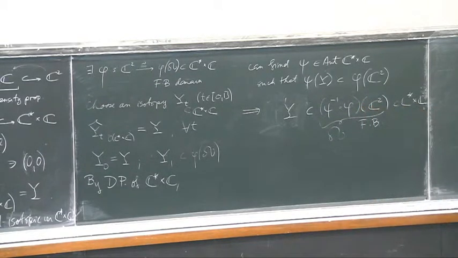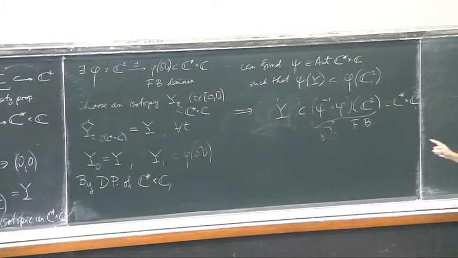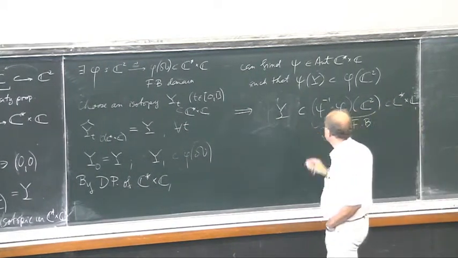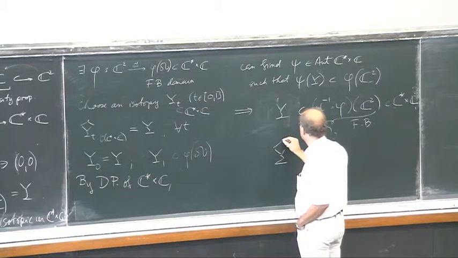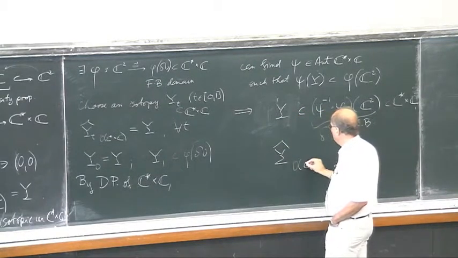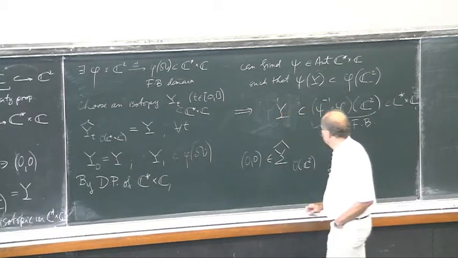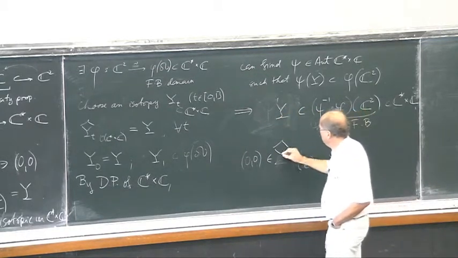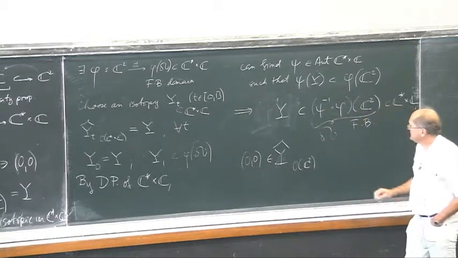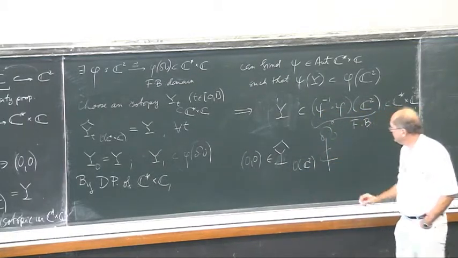And you see this omega now has the crucial property. So it's an FB domain. It contains the set Y. Recall that the polynomial hull of C2 contains 0. Okay? So this means in any case that it's not contained in omega.